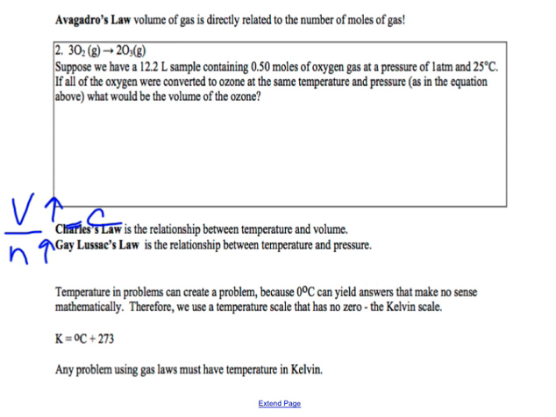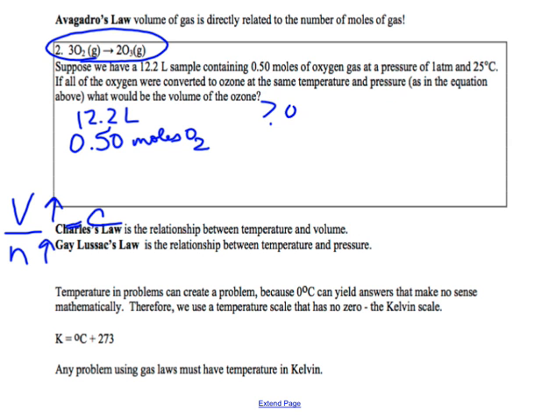So to solve a problem like this, this is showing us the conversion of oxygen to ozone. They say, okay, suppose we have 12.2 liters of a sample of oxygen, and that sample contains 0.05 moles of O2. The question is, what would be the volume of the ozone if this reaction were to happen?